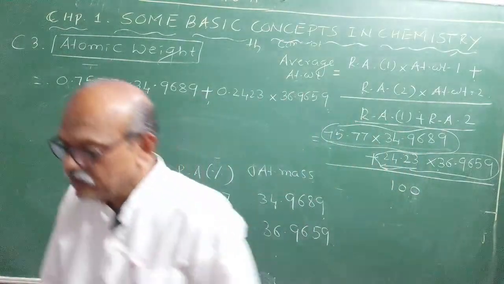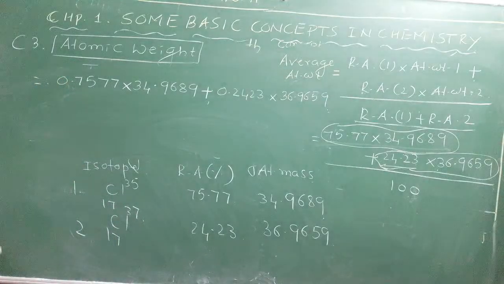Yes, what is your answer? You can write your answers in the comment box. Yes, it is a textbook problem. 0.7577 into 34.9689 plus 0.2433 into 36.9659.